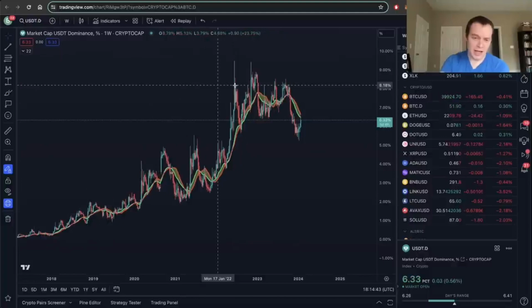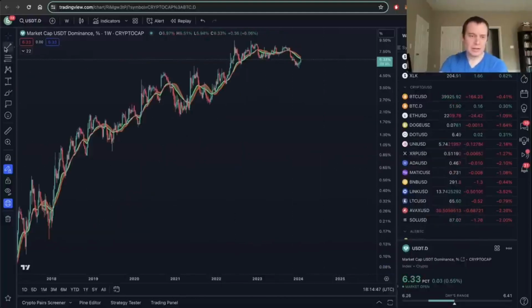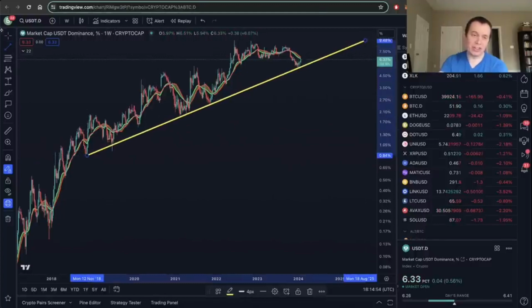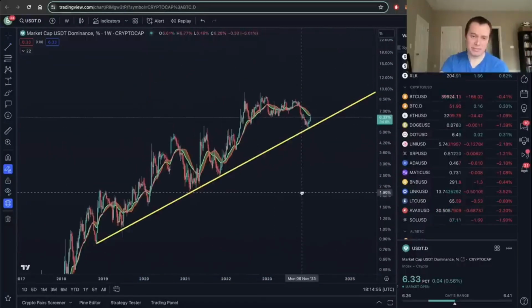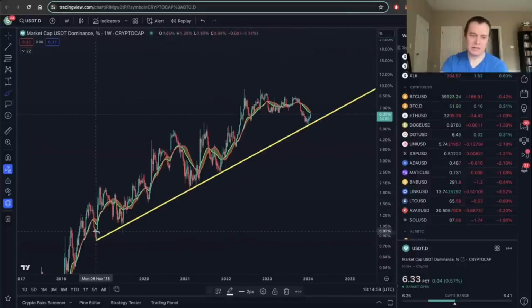Be that as it may, if you flip this to a log scale and connect the same trend lines, you would see that we're actually already at it.